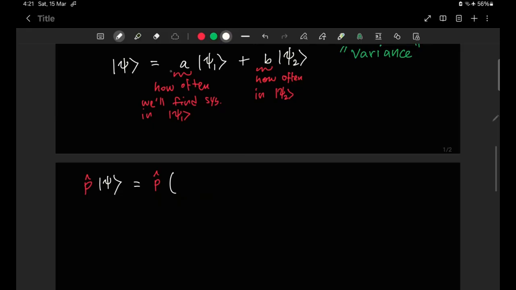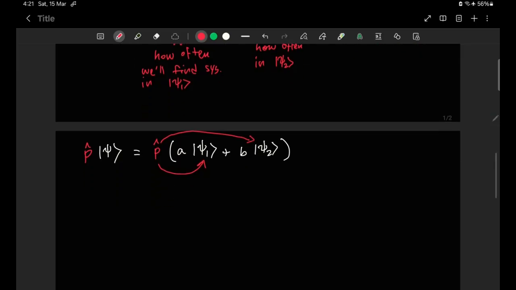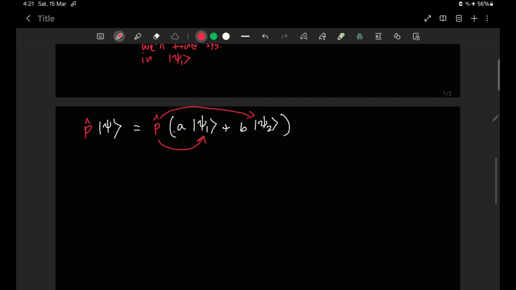Okay, so let's try and measure the momentum of our general state. So we act with the momentum operator on our general state. Now, what are we supposed to get? Well, let's first write the momentum operator acting on the state vector psi, but we have written psi as a combination of a psi 1 plus b of psi 2. And so P will act on psi 1 and P will also act on psi 2. Remember, a's and b's are just constants, so there is no consequence of P on a and b.